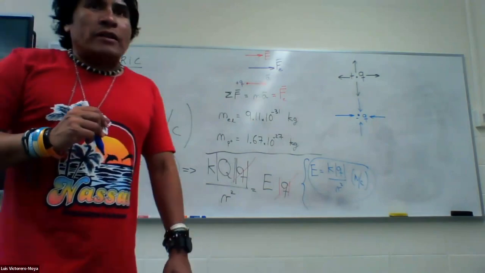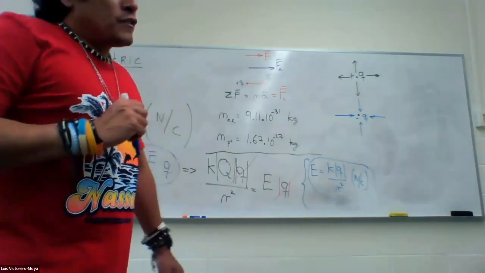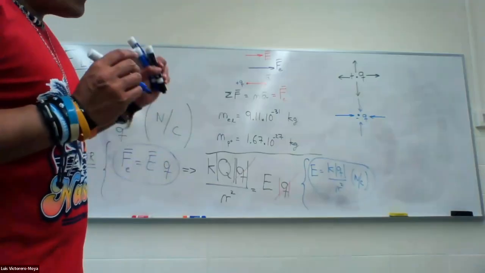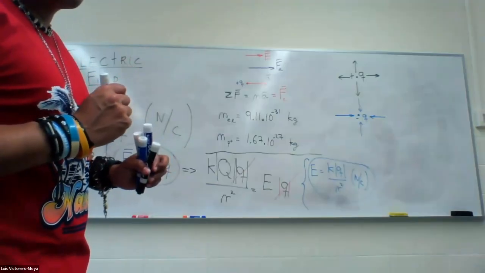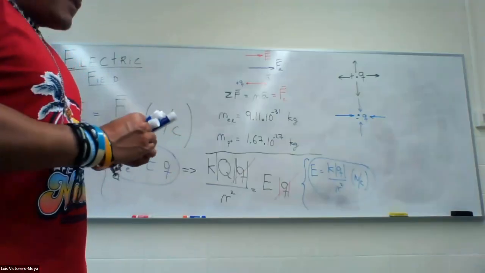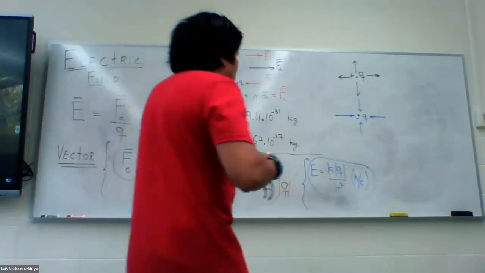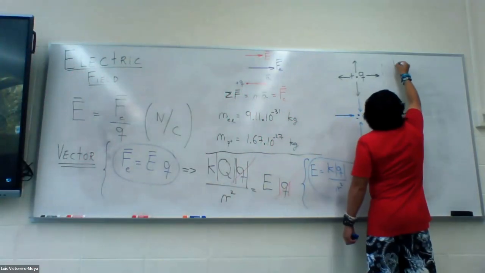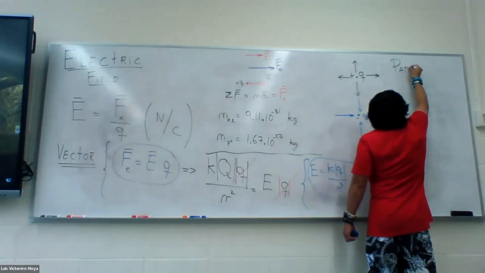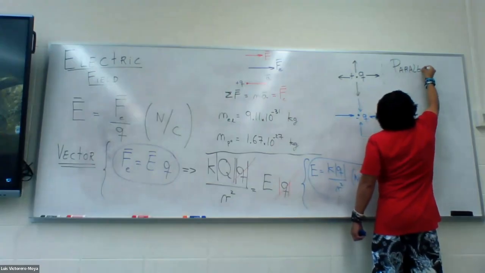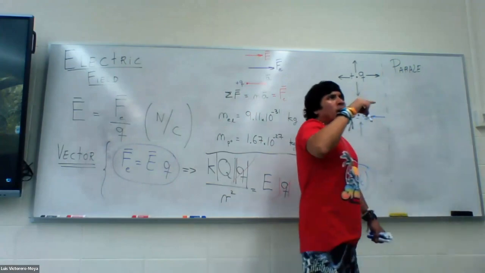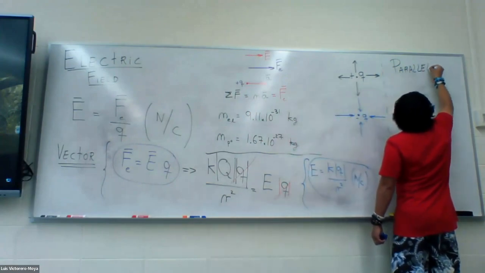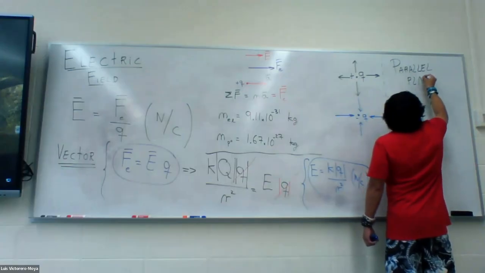All right. So the idea with mapping electric fields is to study the interaction between a positive and a negative charge, or also a positive and a positive charge. One of the most common examples that we use a lot in experiments and also in real life is a parallel plate. So here's where we get into more realistic scenarios.